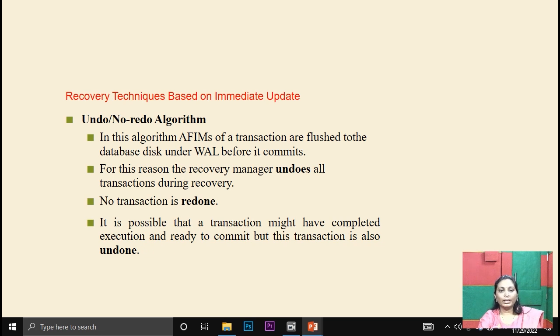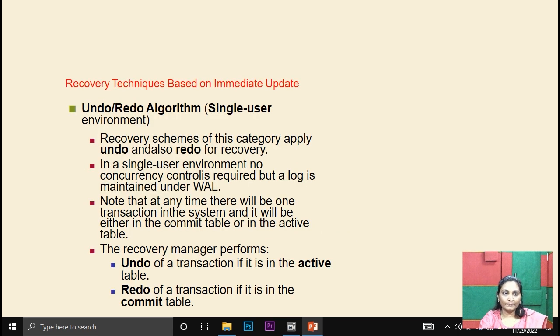Here only undo will take place. Undo is nothing but the values or images before a modification, the values of those data items before modification. It is possible that a transaction might have completed execution and be ready to commit, but this transaction is also undone.